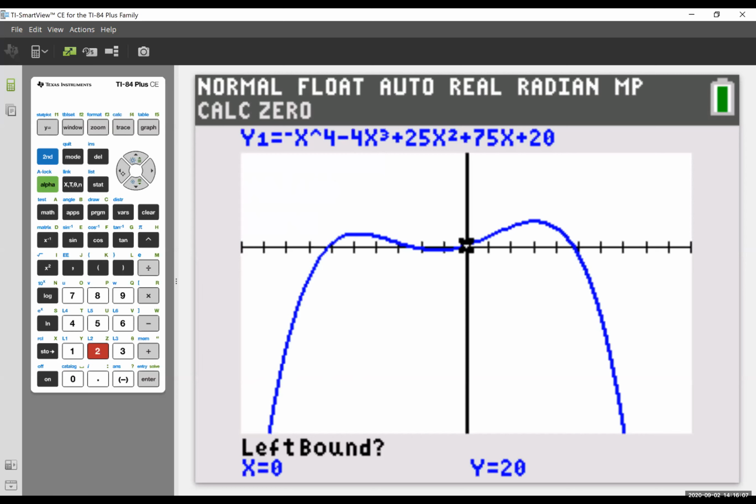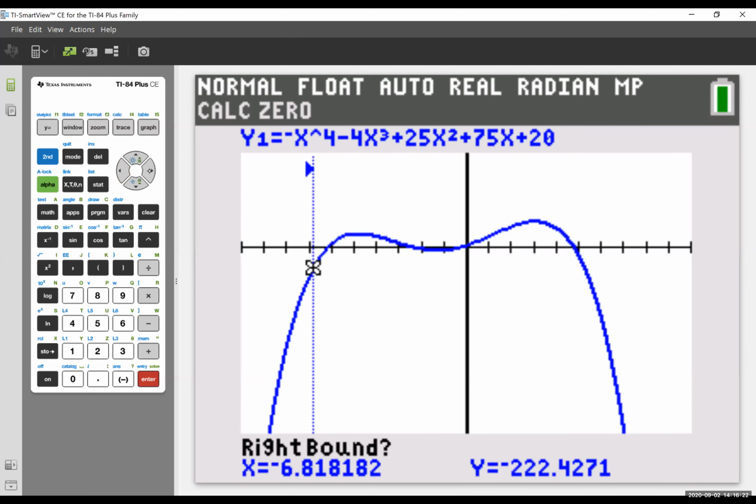A lot of different ways to refer to the X-intercepts, huh? I just like to go in order so I don't get confused. So I'm going to go with the farthest intercept on the left. I'm going to pick my left bound, press enter, move a little bit up to pick my right bound of that X-intercept, and I will calculate it.